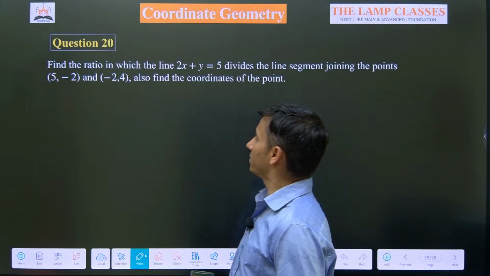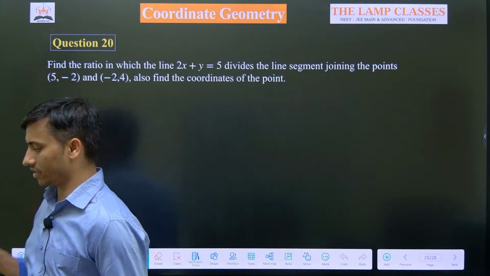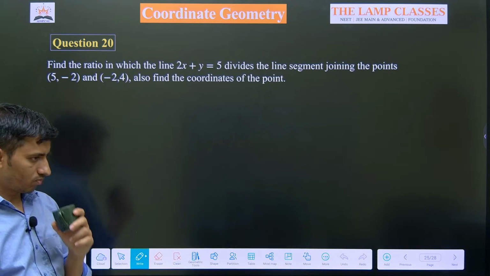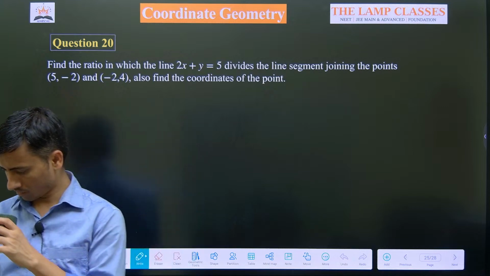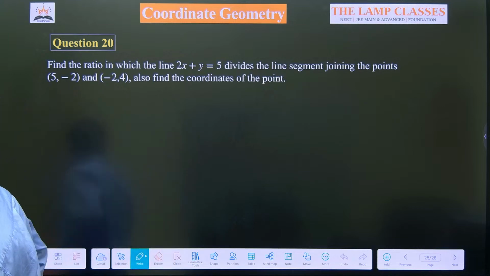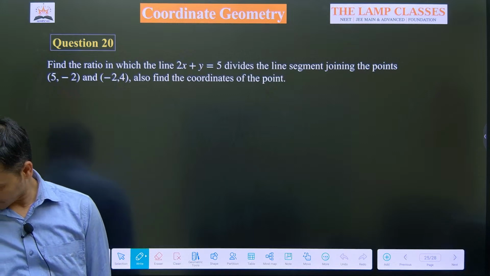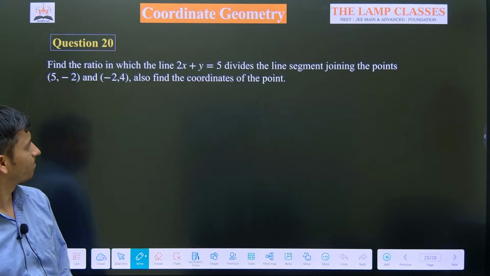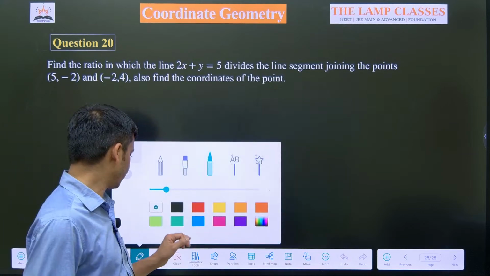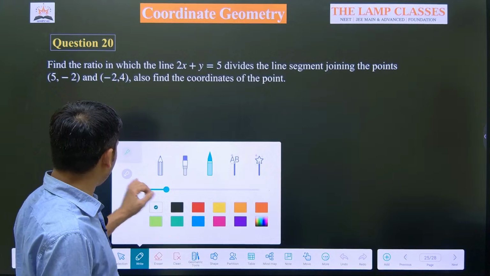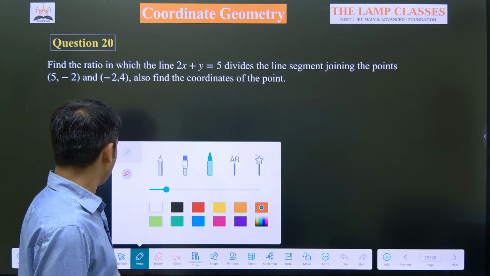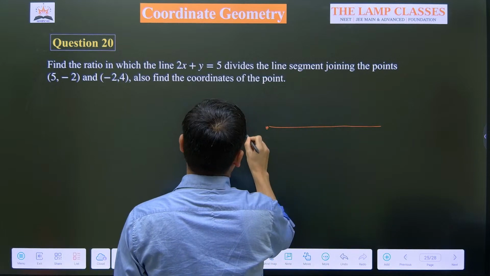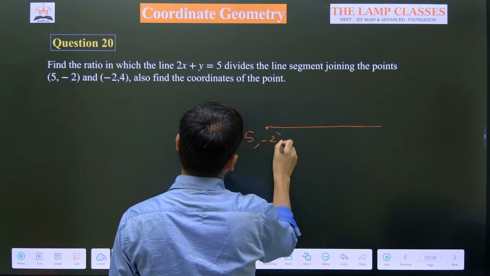Find the ratio in which this line divides the line segment joining these points. So again, you see here we need the section formula, right? So please make the line segment. Diagram is important. This point is 5 comma negative 2.